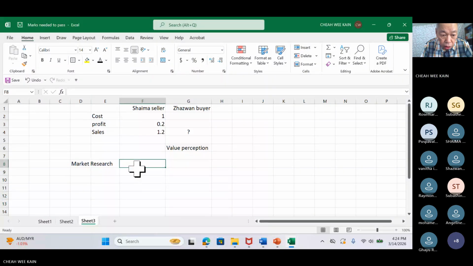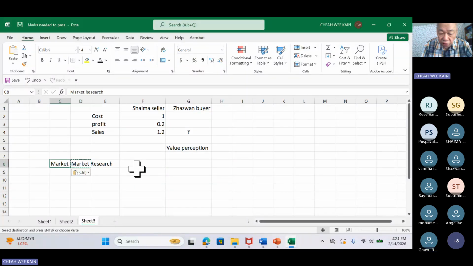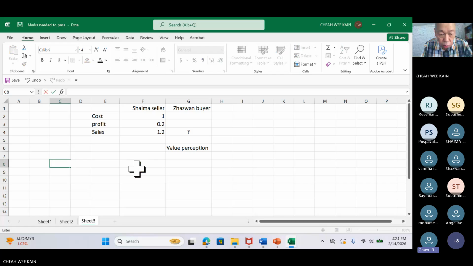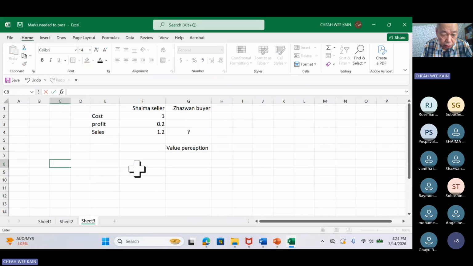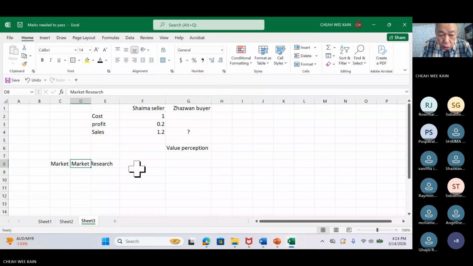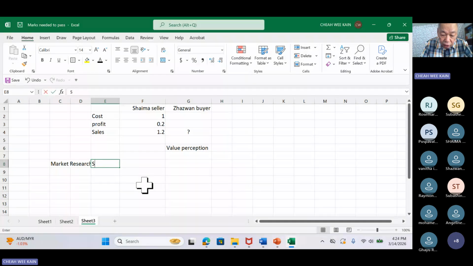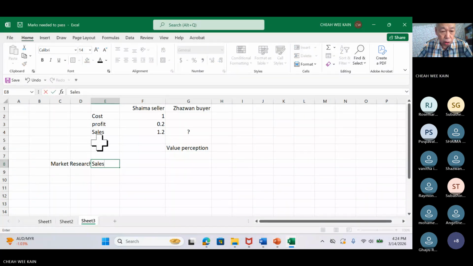Other sellers, how much they are selling at, the price. They need to compare. Yes. Understand? So she has to go and find out what the sales price is.